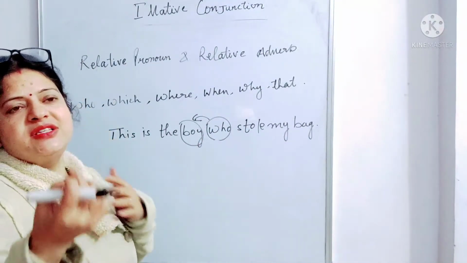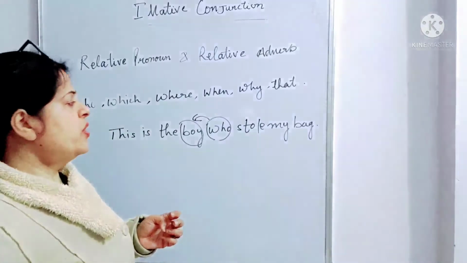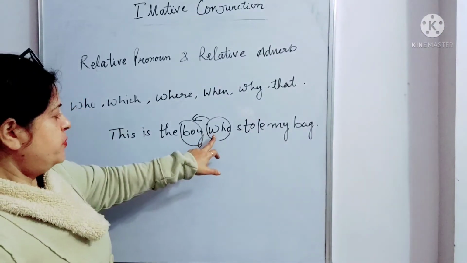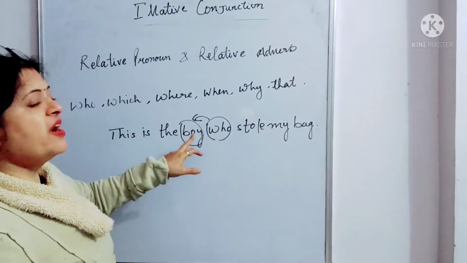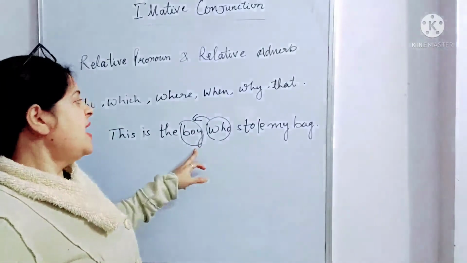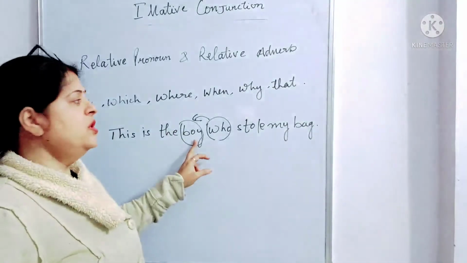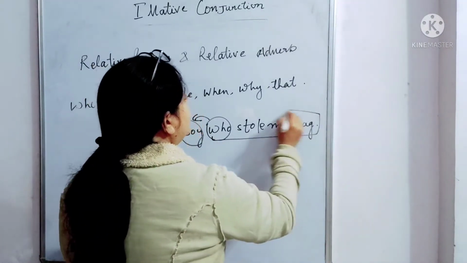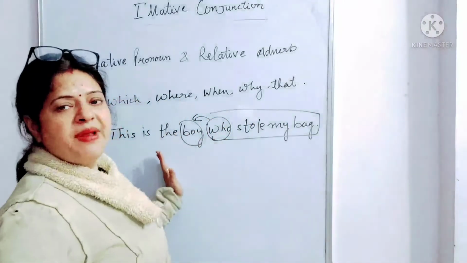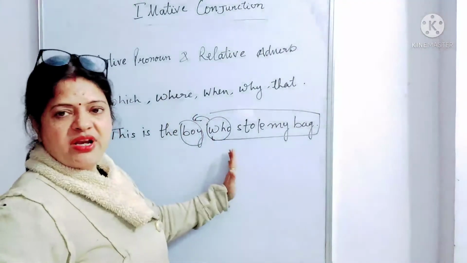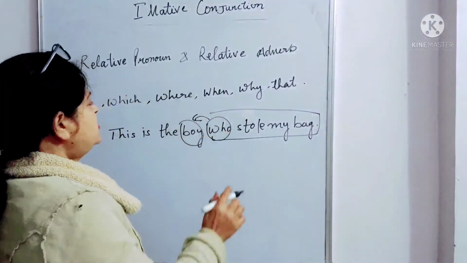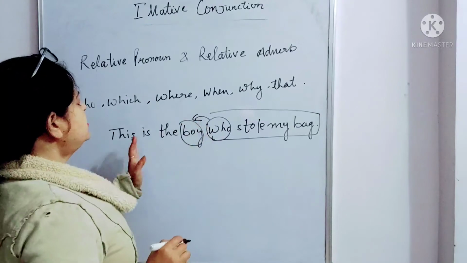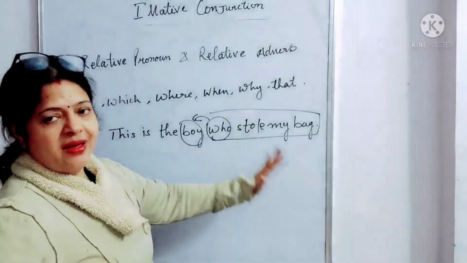We call it a restrictive sense. So this pronoun has been used here in a restrictive sense, and it is qualifying this noun. So this whole clause is a subordinating clause. It is making a complex sentence. This is a subordinating adjective clause which is describing this boy. This is the boy who stole my purse.